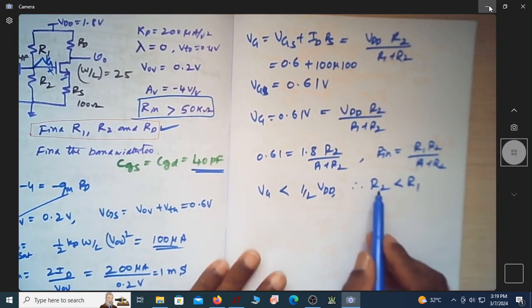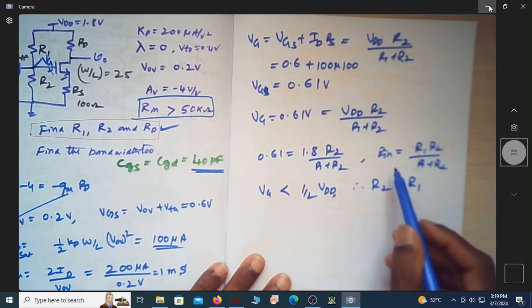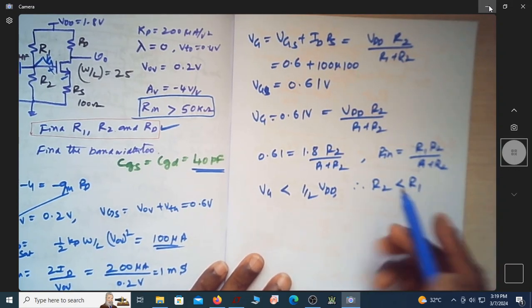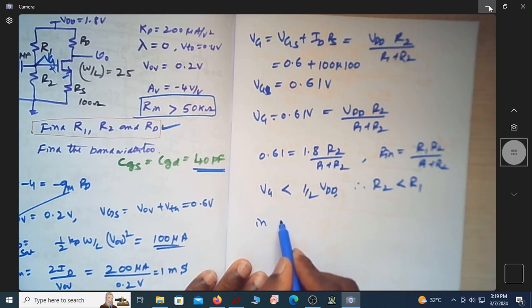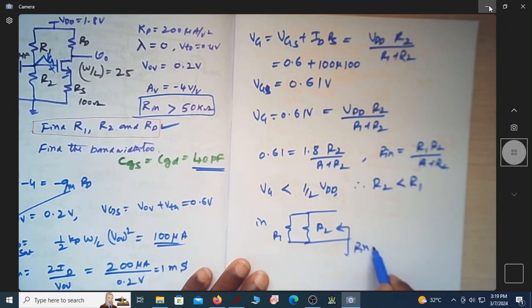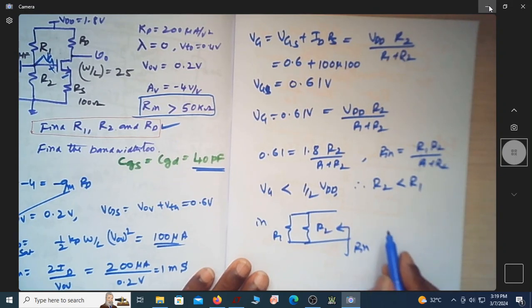Whenever R2 is less than R1, in a parallel combination, the lower resistance always dominates the Rin. Suppose you have two resistors, R1 and R2, as your Rin. What is Rin dominated by? Rin is dominated by the lower resistance.